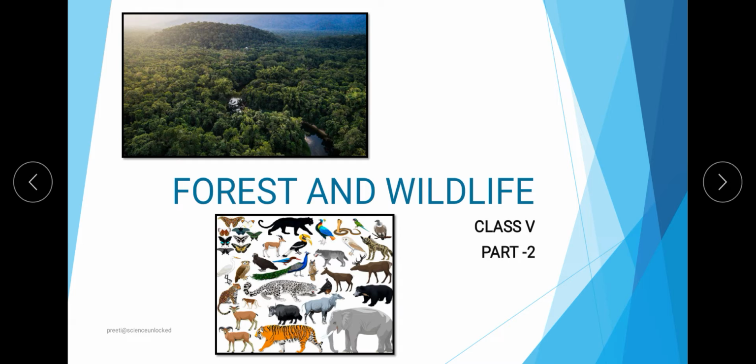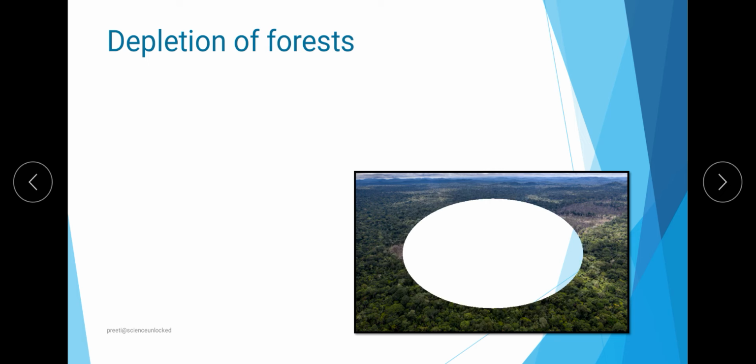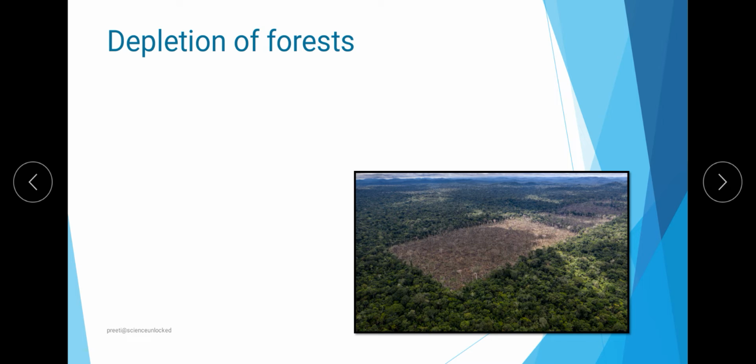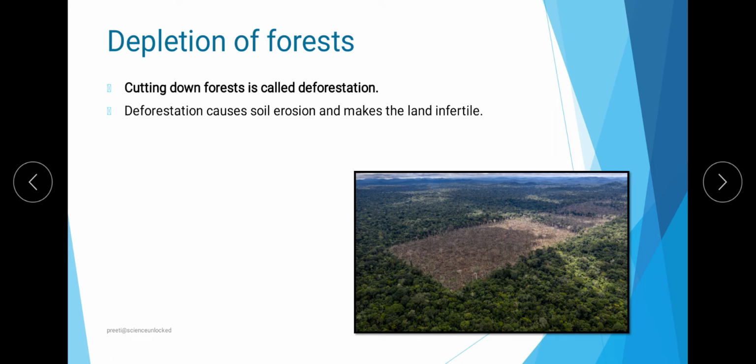So here we will be talking in detail about the problem that we are facing with reference to depletion of forests. Now first of all, what exactly do we mean by depletion of forest? It is simply the phenomenon where a large number of forests are cut down on a large scale, and this leads to problems related to the advantages that we get from the forests.